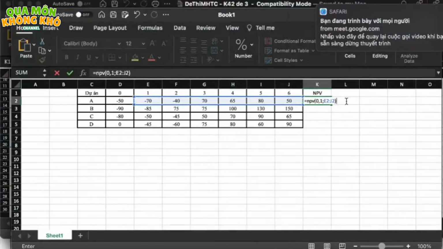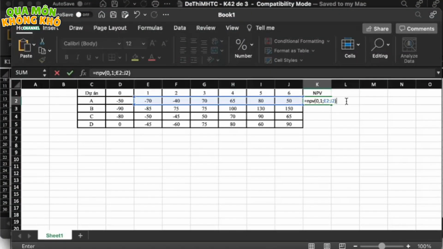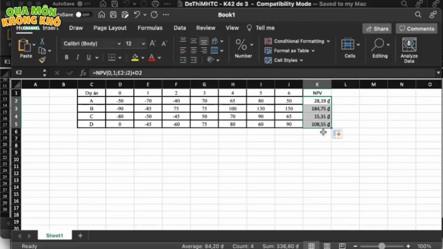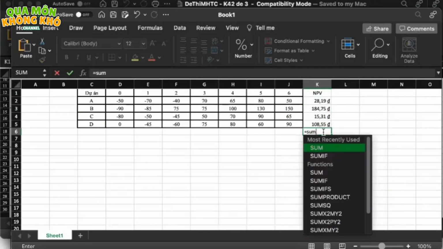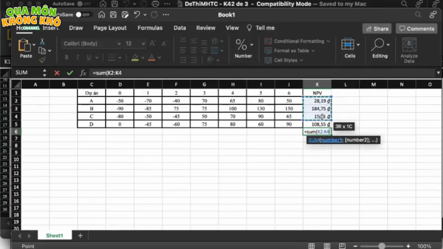And then we recalculate the NPV of 4 projects. And we just sum all of these NPVs.